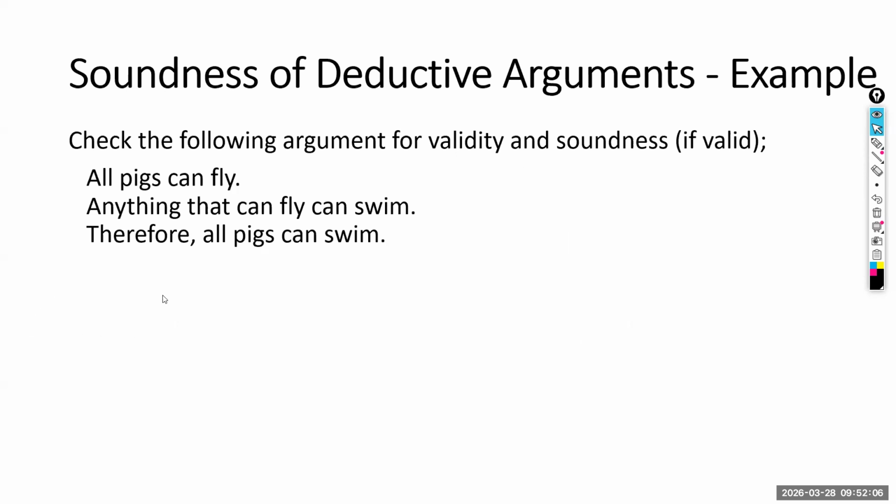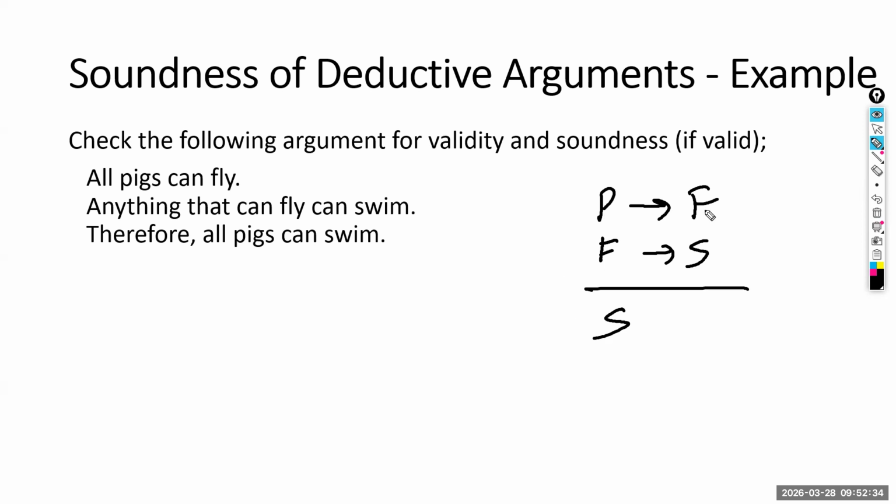Right, so this is an example. මේක valid argument එකක් හැබැයි sound argument එකක් නෙමෙයි. බලමු valid ද කියලා. All pigs can fly. So that means if it is a pig, pig implies fly. Anything that can fly can swim. You can fly කරනවා කියන්නේ ඒගොල්ලෝ අනිවාර්යෙන් swim කරනවා. Therefore all pigs can swim. දැන් මෙතන pigs ගැන කතා කරන්නේ.